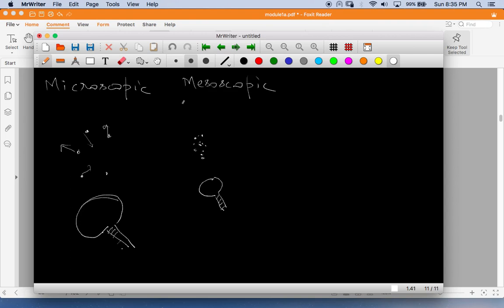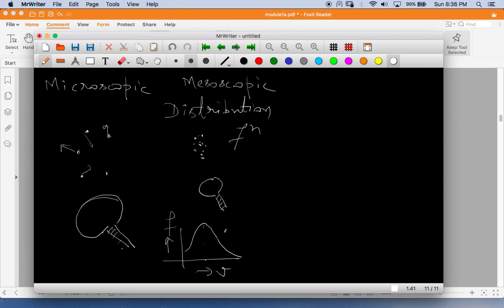description, where you will be focusing on the distribution function characterizing these particles, like a Maxwell-Boltzmann distribution function, for instance, of velocity and probability, and you might say something like the most probable velocity, so on and so forth.